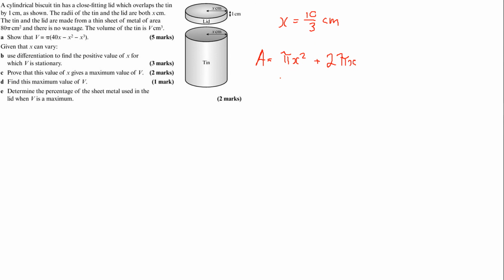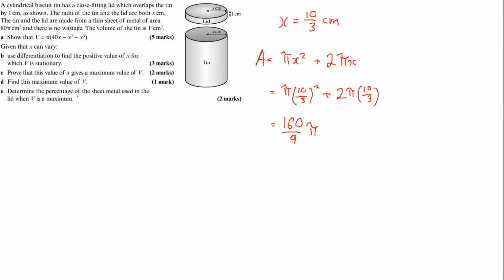Substitute in your values for x here. That's going to be pi times 10 on 3 squared plus 2 pi times 10 on 3. Once you've done that, that gives me 160 on 9 pi.